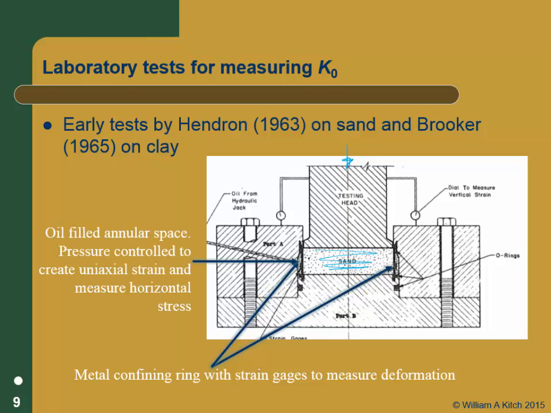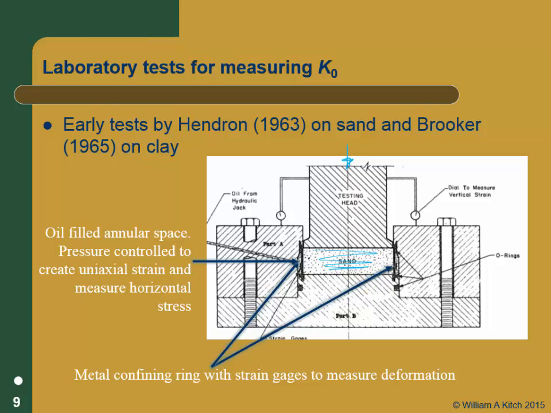Between the metal ring and the box of the apparatus was an oil-filled space. And he had a null indicator system where they could increase the pressure in that oil. The oil is not very compressible, so there's not a lot of strain. They could increase the pressure in that annular space such that there's no lateral strain. So this is how he did K-naught loading.